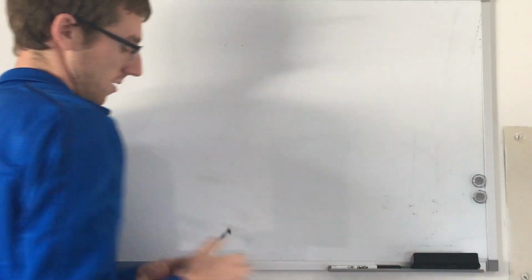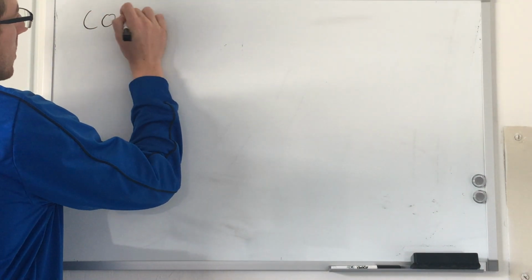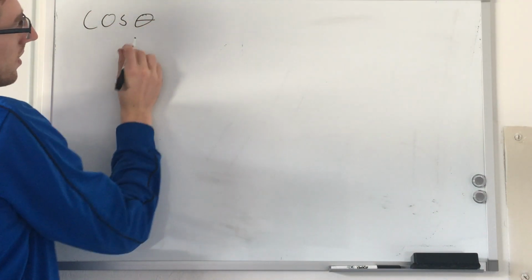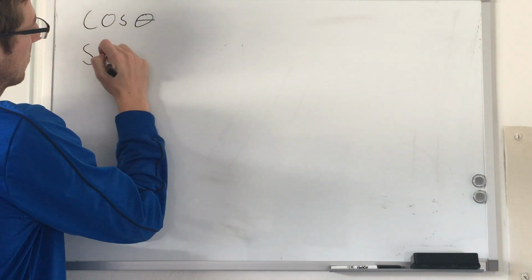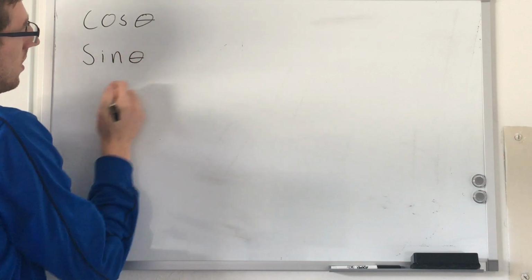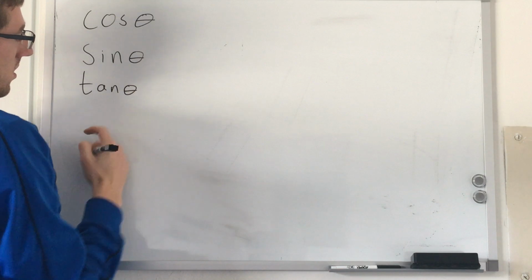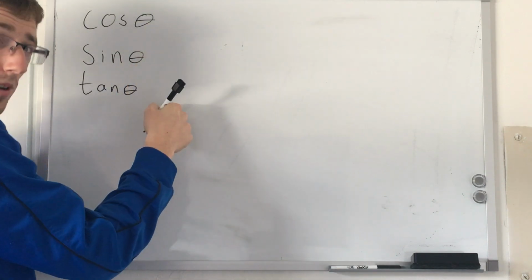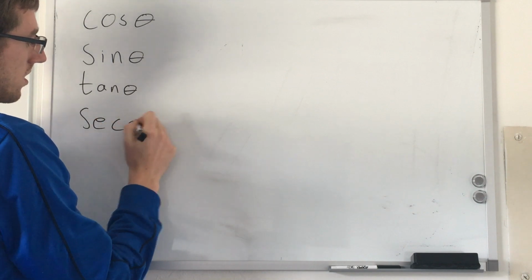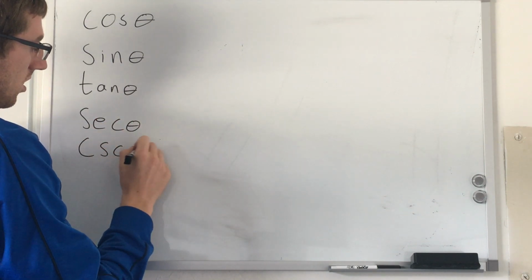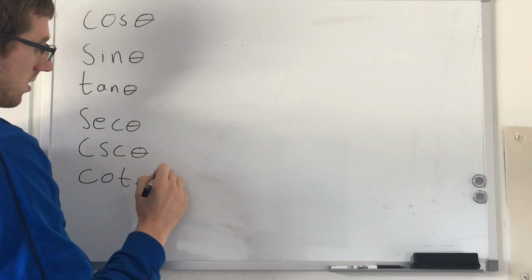We have cosine theta, where theta is used for the angle, sine theta, tangent theta. These are really the important ones. You can know the other ones too: secant theta, cosecant theta, and cotangent theta.